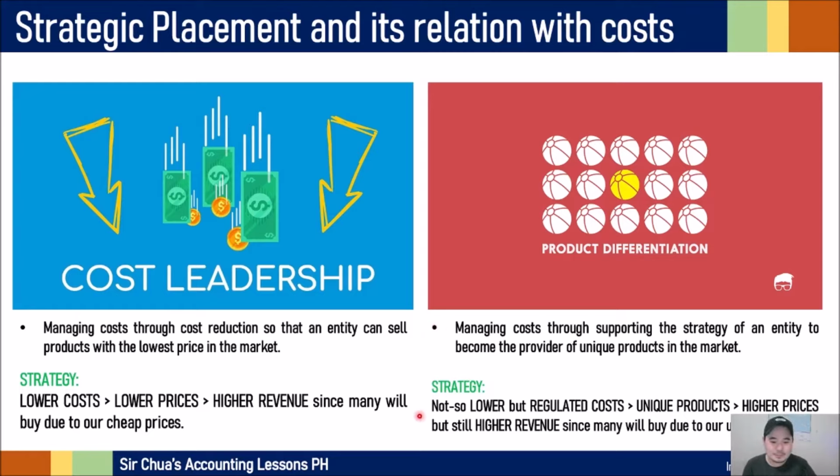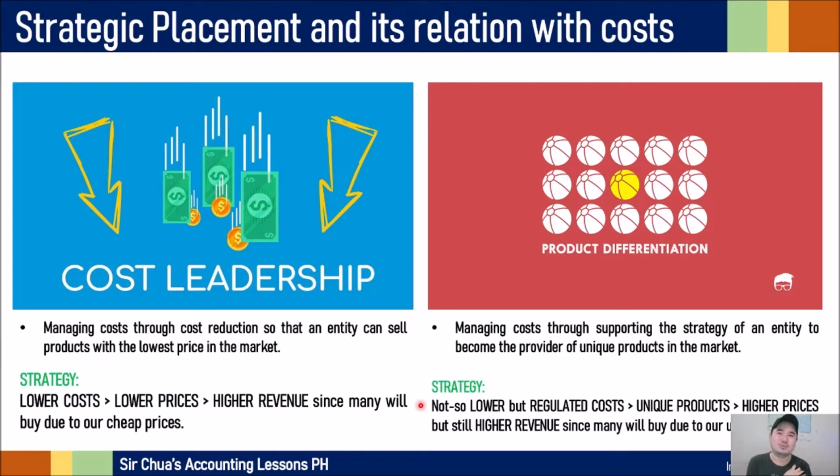Now, what happens in product differentiation is that your cost will not be so low, no, not so lower, but it's still regulated. But the trade-off on that is medyo tataas yung cost, but your products will be the one unique in the market. Okay? So basically, what you can expect is medyo higher yung prices kasi unique yung product mo eh, no?